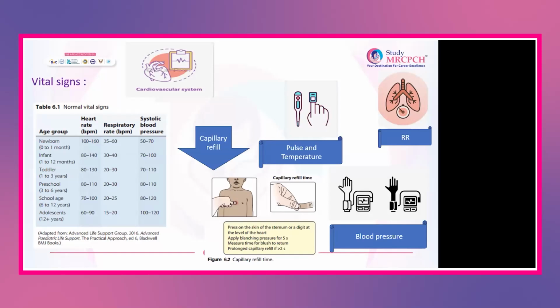We have two places to detect capillary refill: either in the peripheral part, or sometimes above the sternum on the trunk of the child. And in the exposure area, we will not forget the temperature.